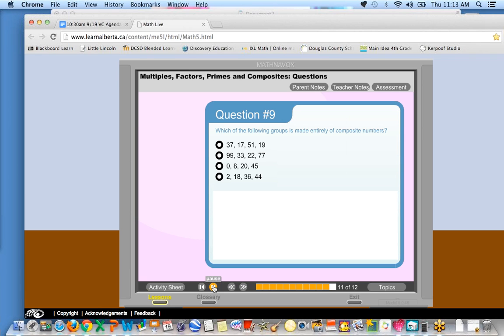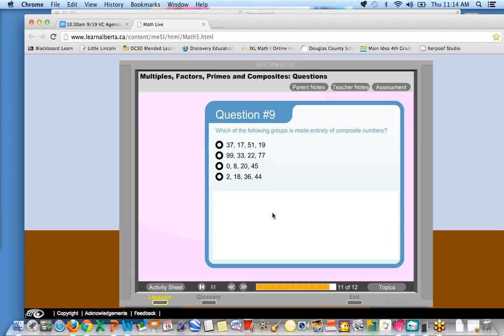Okay. Which of the following groups is made entirely of composite numbers? Click on the circle next to your choice of answer. All right, so composite numbers have several factors. Which one of these choices has several factors for every single option?